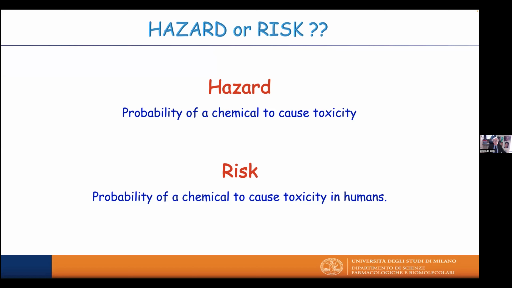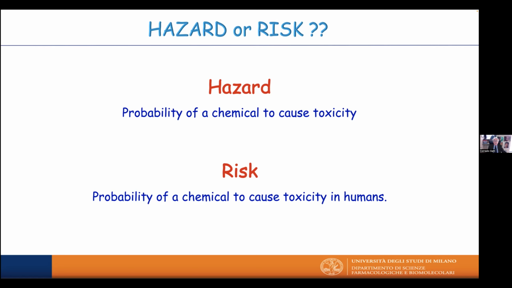because when you discuss the risk, you must have also the exposure, because otherwise you cannot face the problem with the risk. Because of course, if you have a bottle of, I don't know, a carcinogen, benzene on your table, but it's closed, then the hazard is very high, the risk is 0.